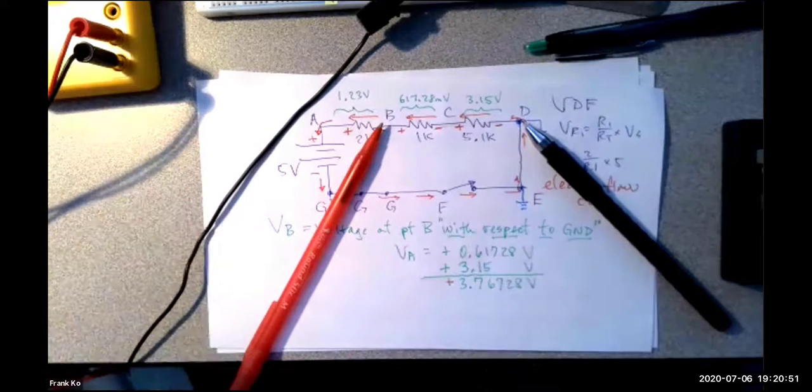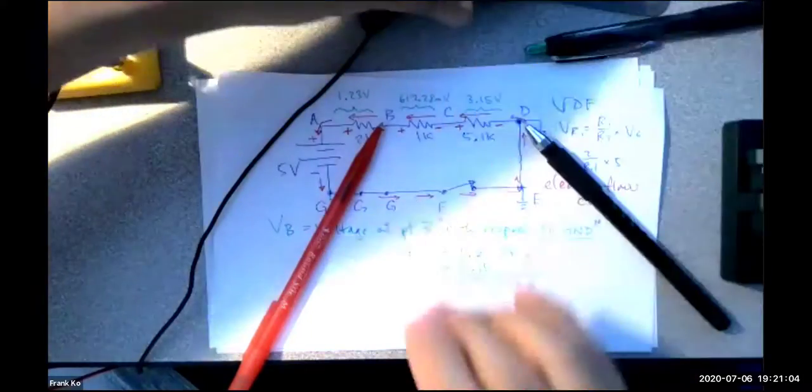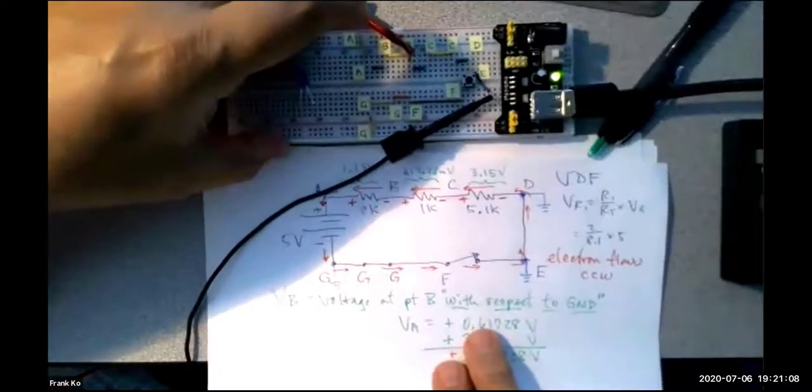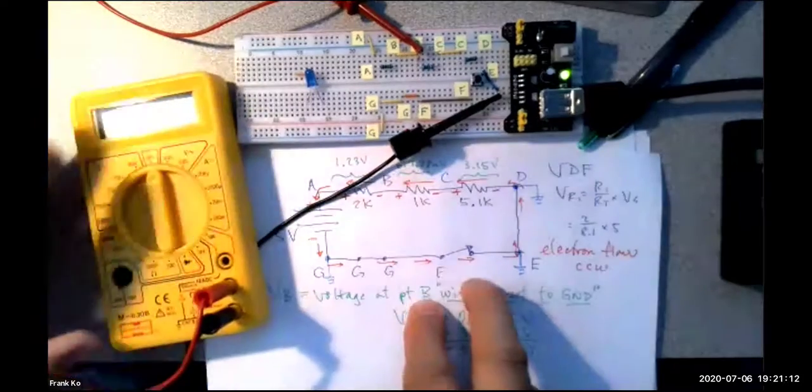What we're going to do is check it with a measurement. So I'm going to grab my power cable, hook it up here, turn on the power supply, bring this down where we can see it a little better, and bring the meter down where we can see it a little better.